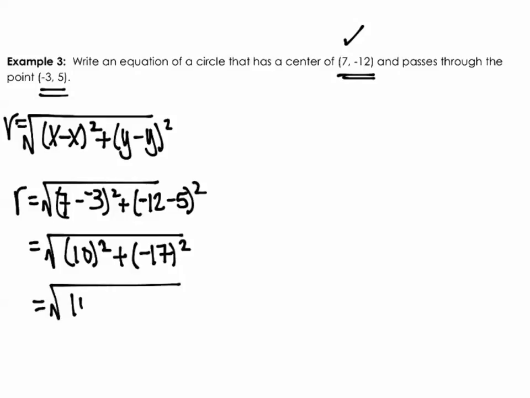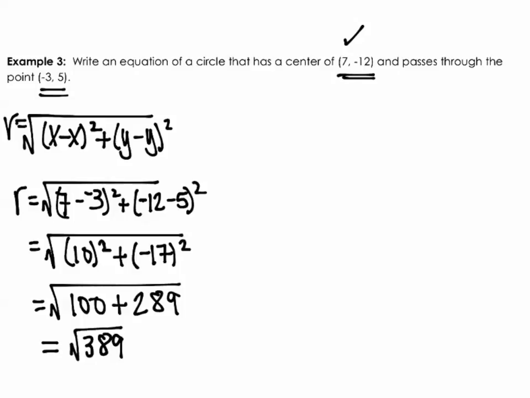Do some more math. 10 squared is 100. -17 squared is 289. Now keep in mind here, whenever you square something, it's always going to be positive. So no matter what your calculator says, you're smarter than your calculator. So inside your radical, you're always going to be adding together two positive numbers. Don't forget that. So this ends up being the square root of 389.